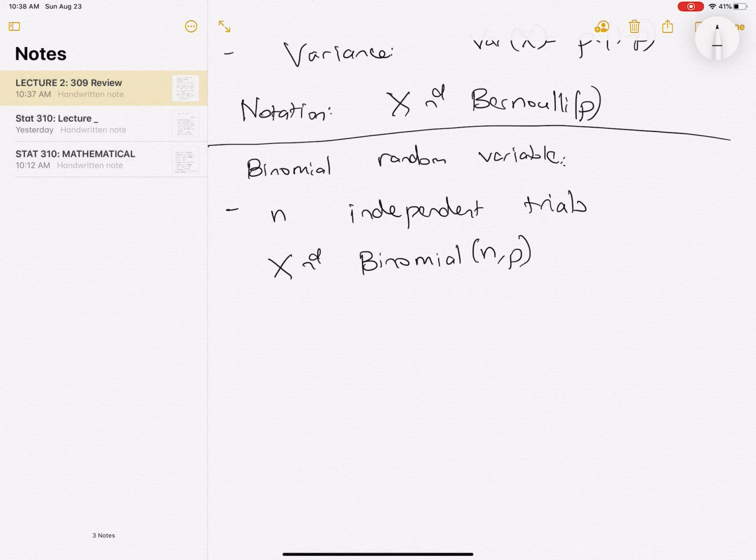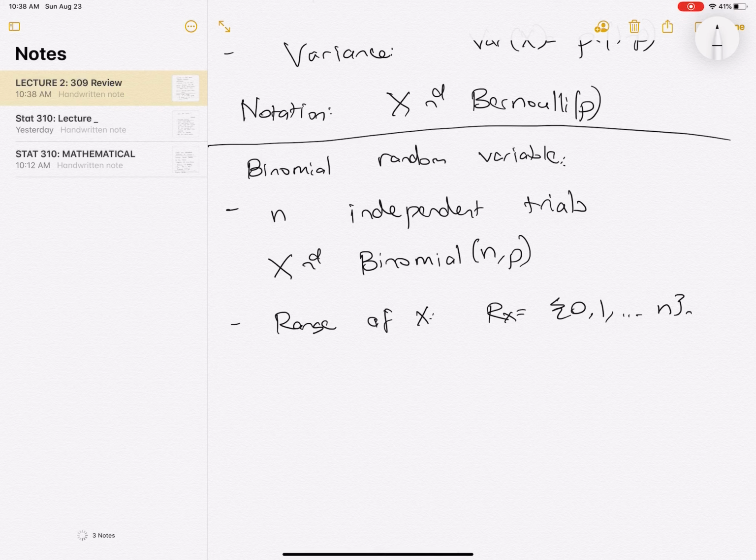So we have two parameters. And once again, what's the range of X going to be? What possible numbers could you get? You could get 0 successes, 1, all the way up to n, okay?